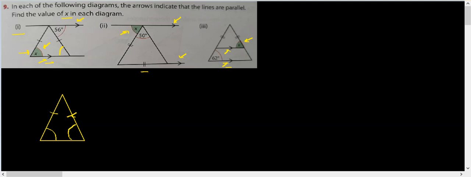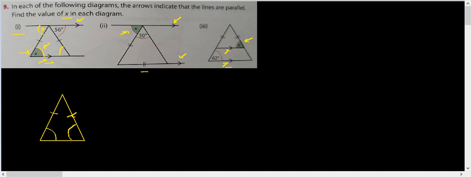If we can figure out what this angle is, we can figure out what this angle is. Or another way we can look at it is this angle here is an alternate angle to this. So this angle is equal to x as well. So this angle and this angle are equal to each other.